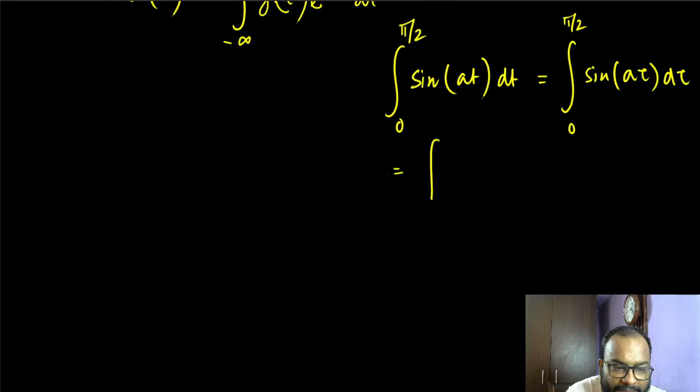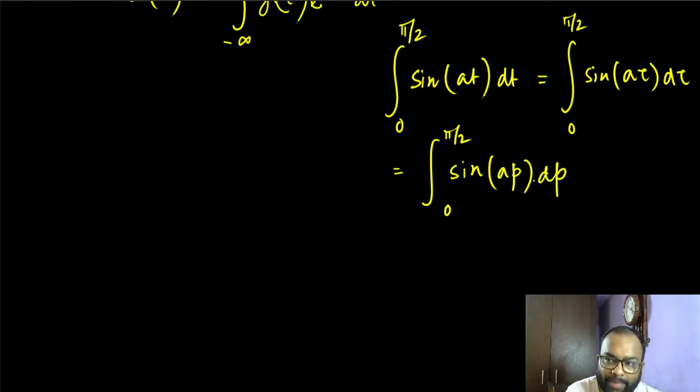This is also going to be exactly equal to the same integration where I have sine ap dp. You understand what I'm saying? Because this is a definite integral, and in the end you are going to get something in terms of p, but you are going to substitute that p with the upper and the lower limit. That variable is going to be substituted ultimately with the upper and the lower limit. So essentially you are going to calculate the limits on this.